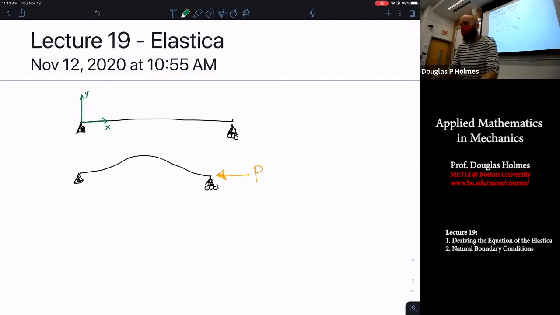The Cartesian approximation works really well if you're assuming small slopes. If you're assuming that this thing is really deformed like this, let's see, like that, say.